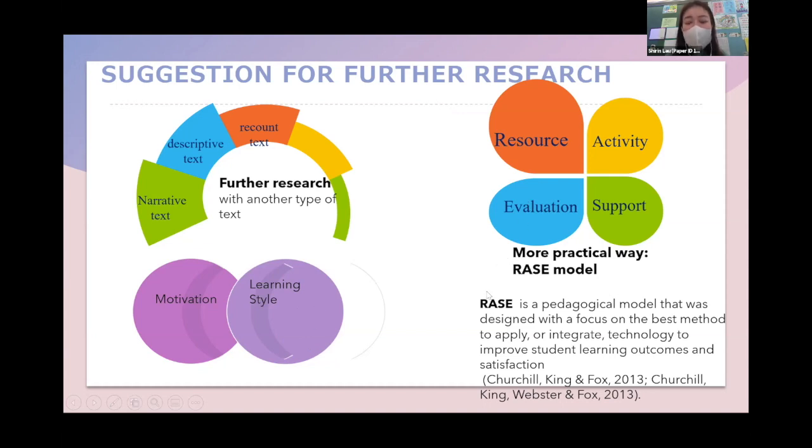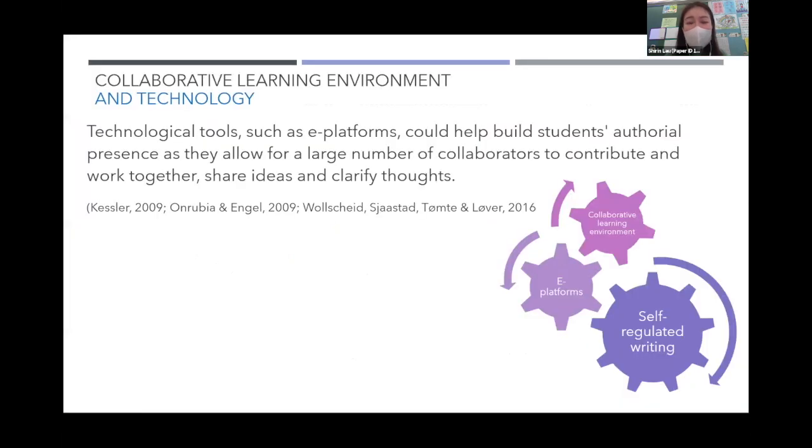And the last one, how to make the visual feedback more practical. I think we can use the RACE model to help with this. The RACE model is a model that can focus on the best method to apply and integrate technology to improve students' learning outcomes. Besides, I think we can use technology tools like e-platforms to help students interact more.